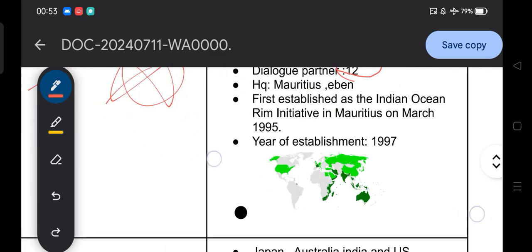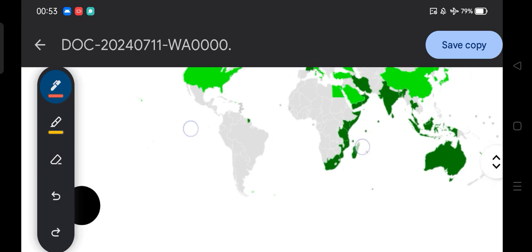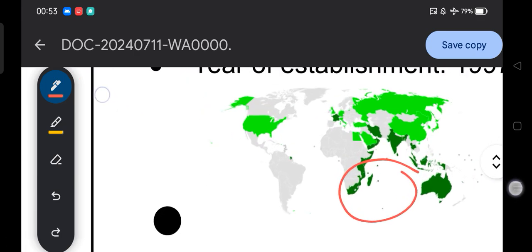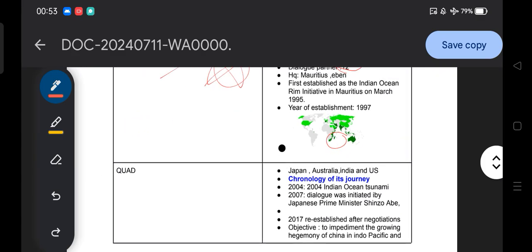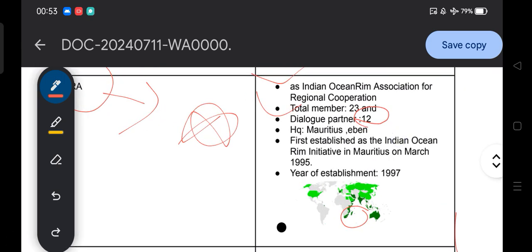So I can show you on the map. This is your Mauritius, as I have circled, and there the IORA, Indian Ocean Rim Association headquarters was established. It was first established as the Indian Ocean Rim Initiative in Mauritius in March 1995.